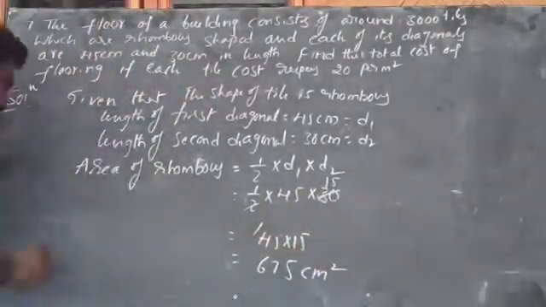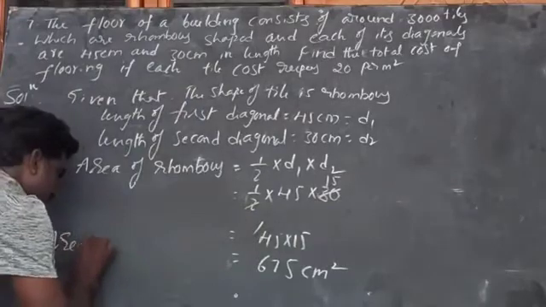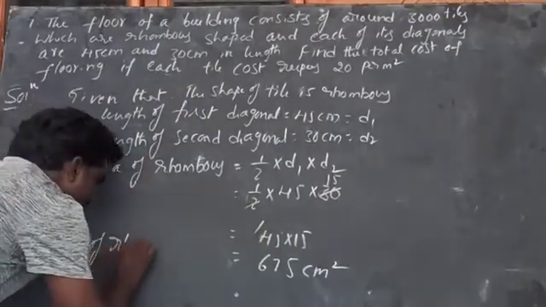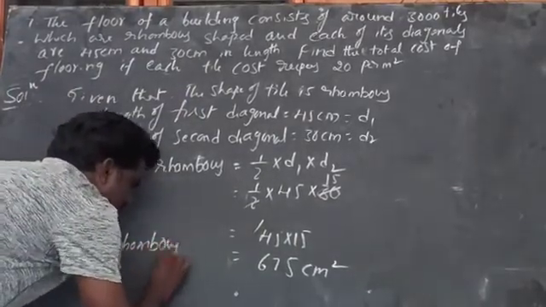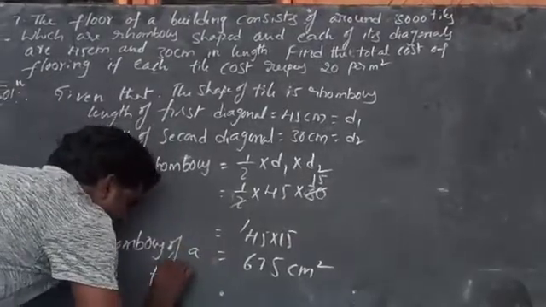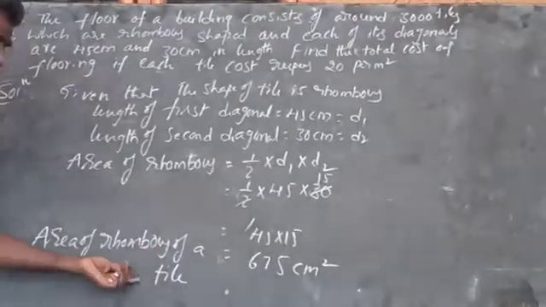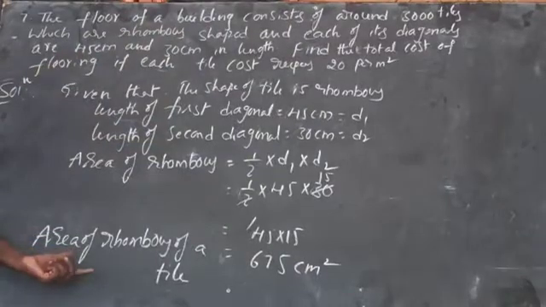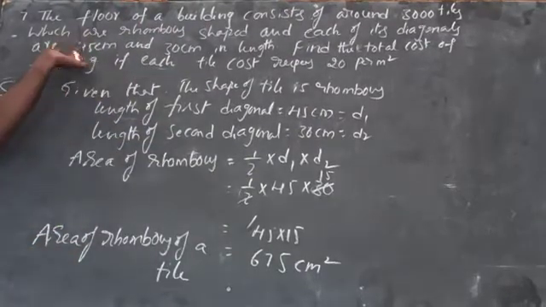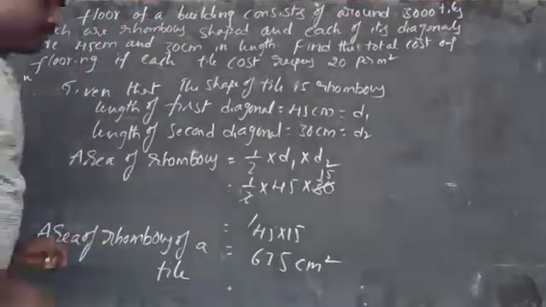So area of the rhombus shaped tile. Here you can find only one tile's area. So how many tiles are there? 3000 tiles are there. Now find the area of 3000 tiles.